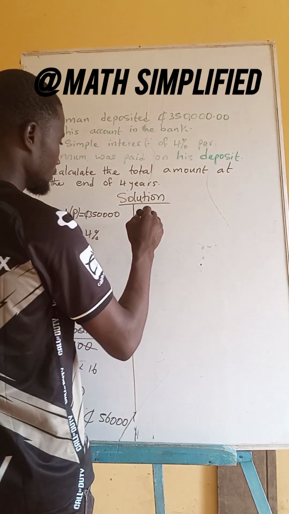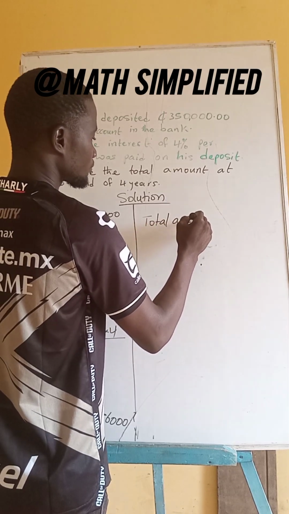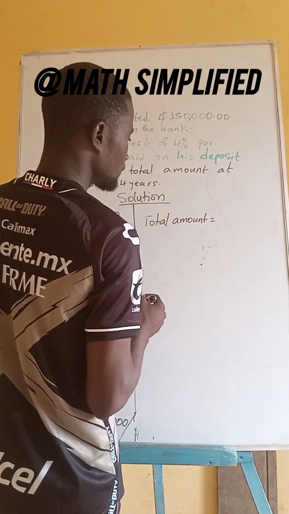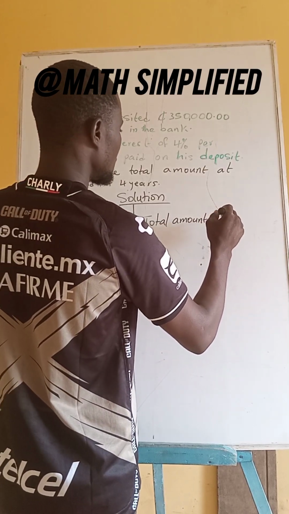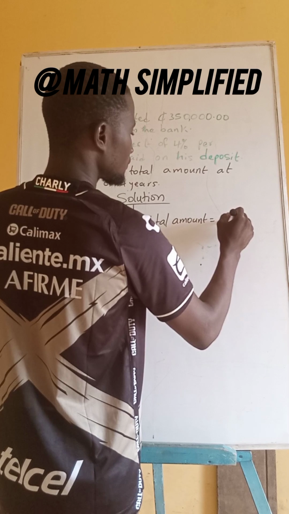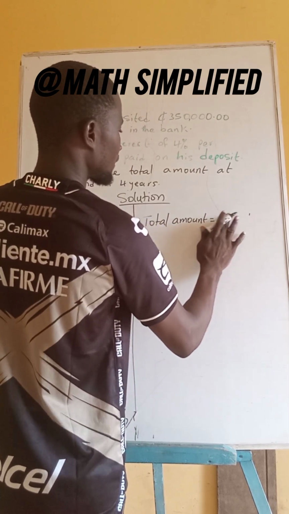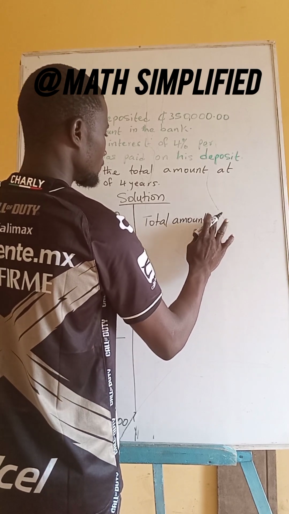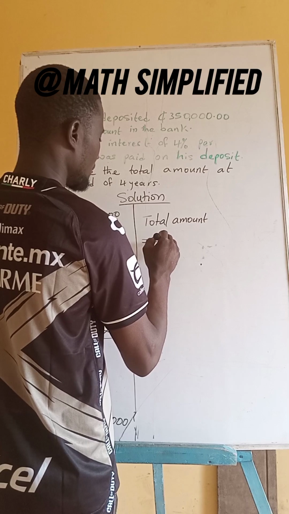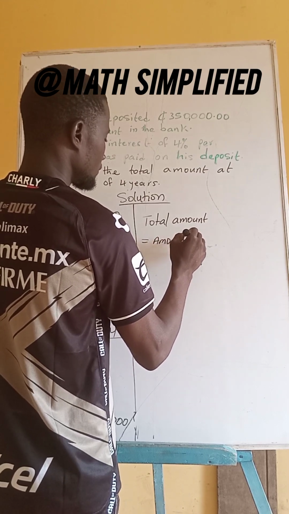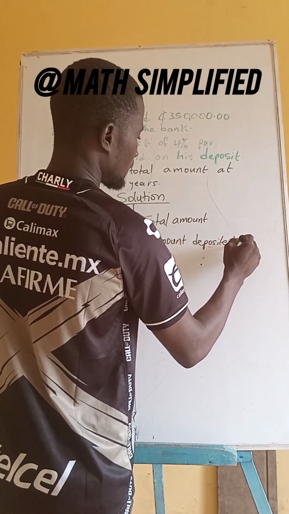So at the end of 4 years, the total amount is equal to the amount deposited plus interest.